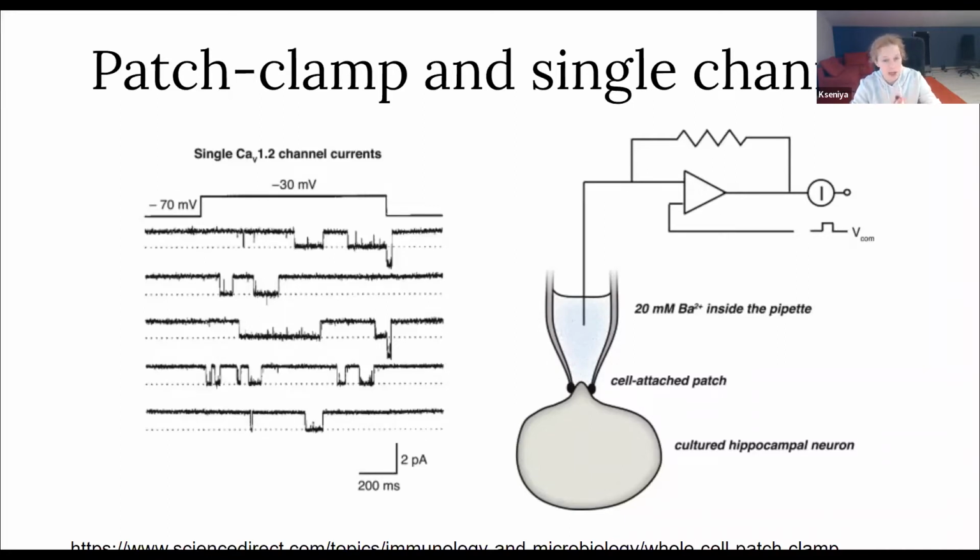But in 1976, Erwin Neher and Bert Sakmann developed the patch clamp technique. Prior to this, the activity of neurons was measured by electrodes, which destroyed the neurons or measured the potentials outside the neurons.